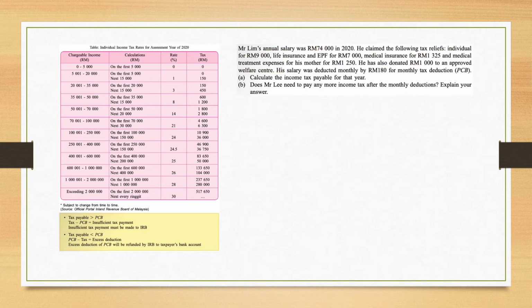Now, let me just write down all our figures. First, the chargeable income, CI, which is RM 54,425, and then our income tax.